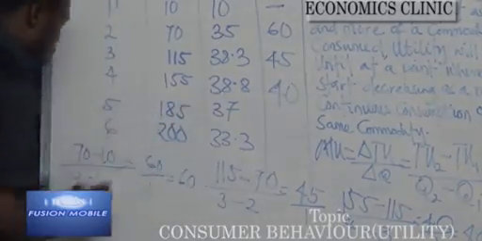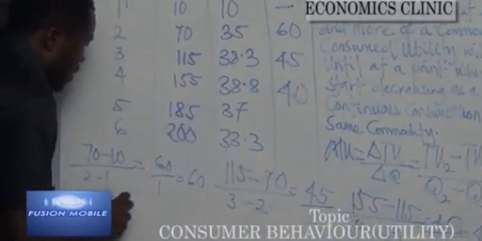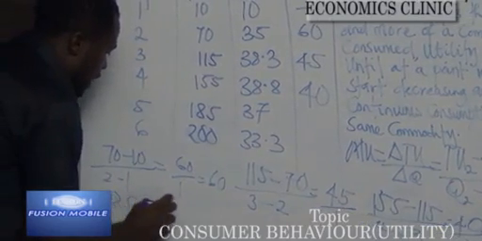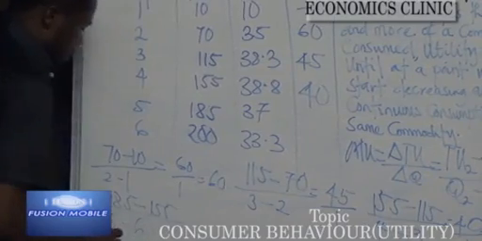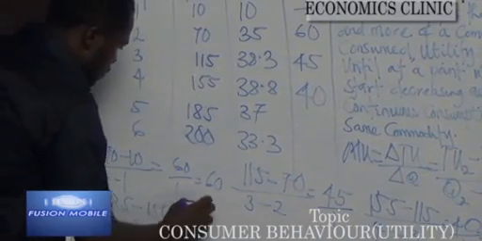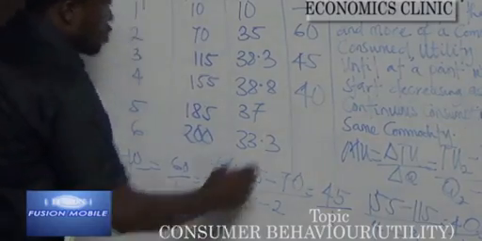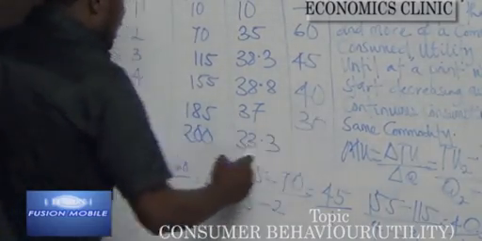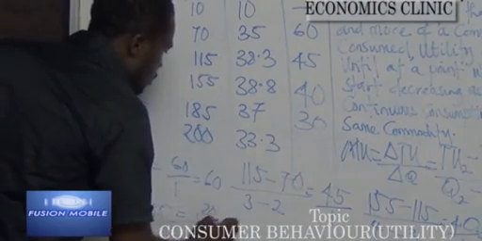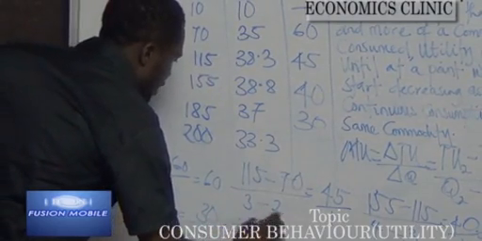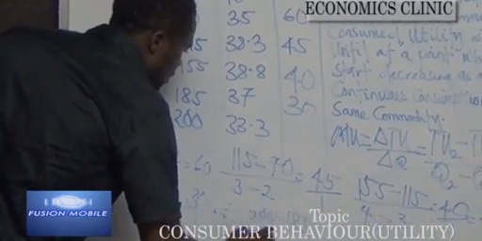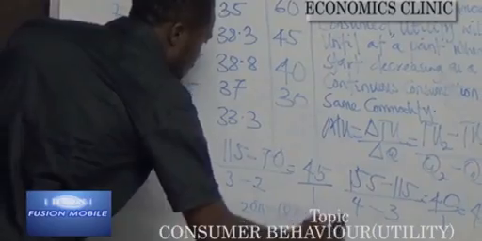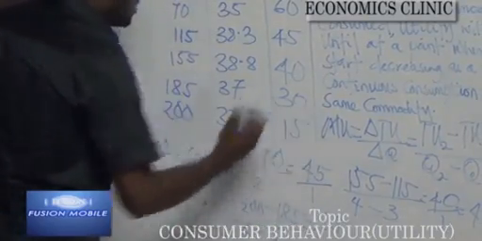Then the next one is 185 minus 155 divided by 5 minus 4. We have 30 over 1. So this one will be 30. Then the last one will be 200 minus 185 divided by 6 minus 5. That gives us 15. So this one is 15.